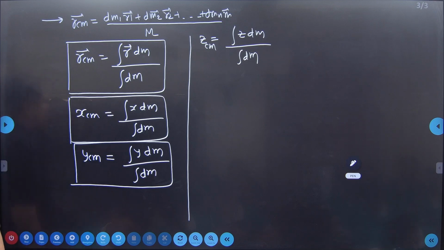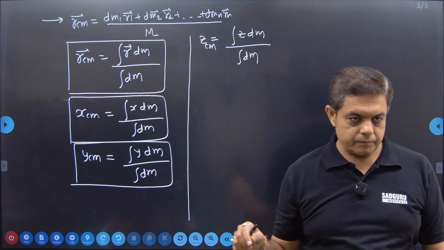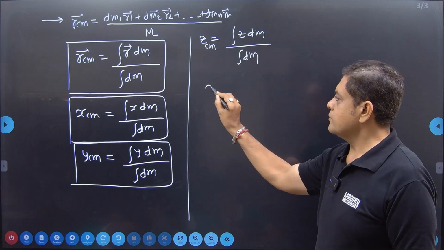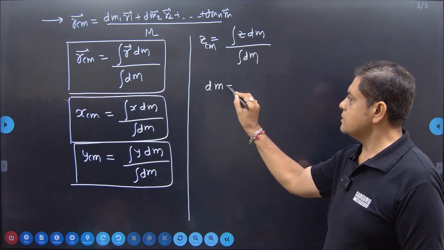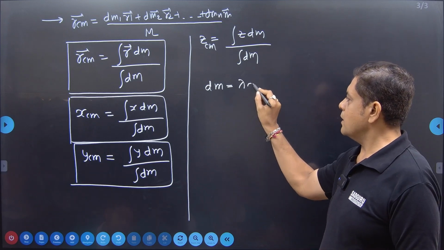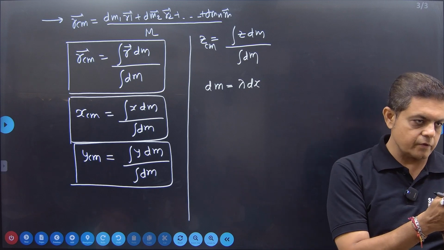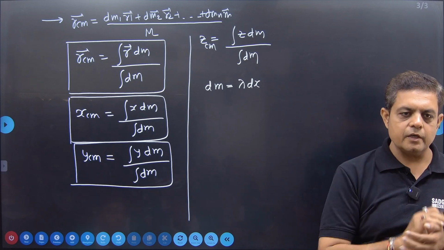If the mass distribution is linear, then dm can be written as lambda dx. Linear mass density into length will give you the mass of the element.